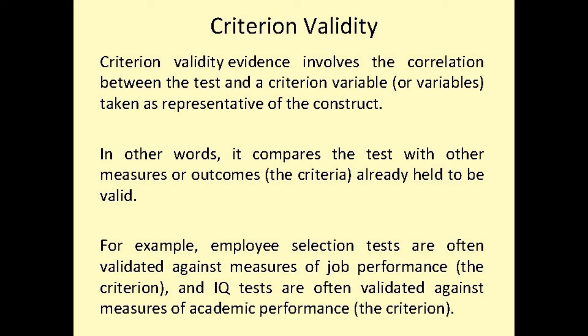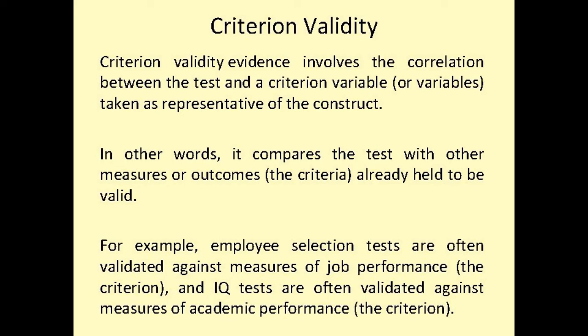Criterion validity evaluates how well a test can predict a concrete outcome, or how well the results of your test approximate the results of another test. So what is a criterion variable? A criterion variable is an established and effective measurement that is widely considered valid, sometimes referred to as a gold standard measurement.